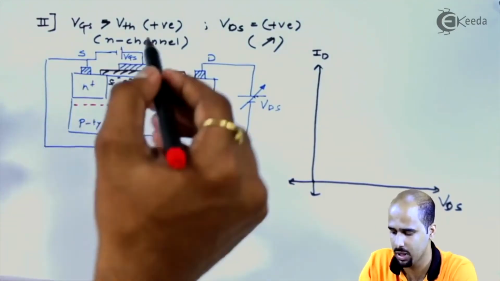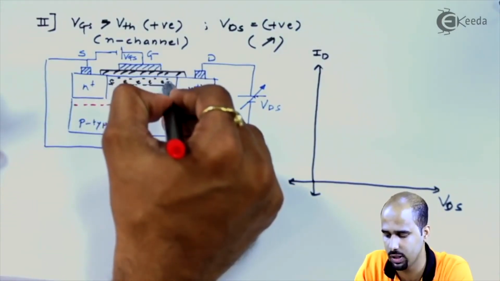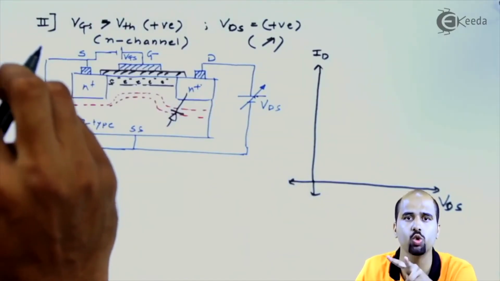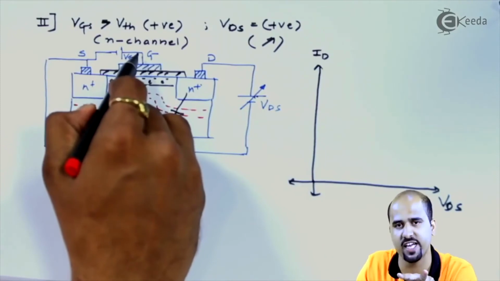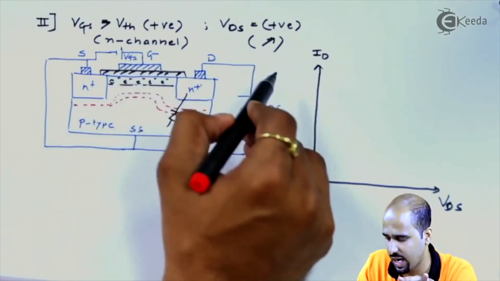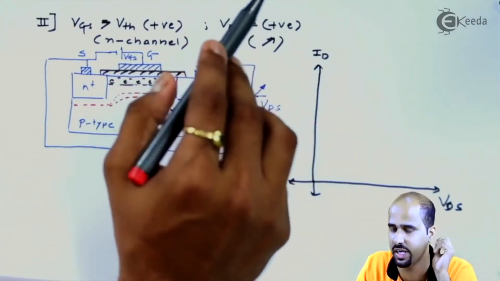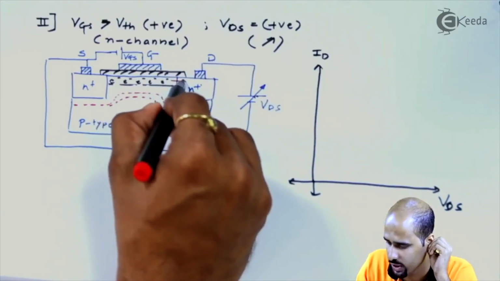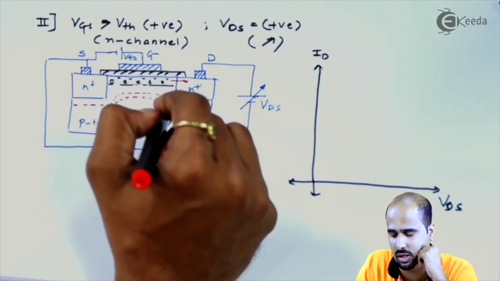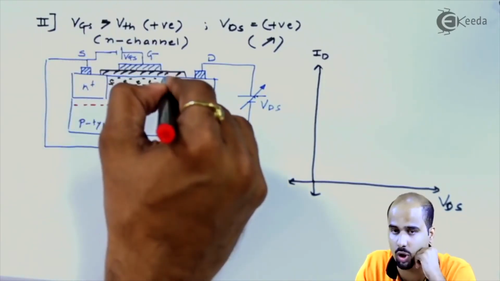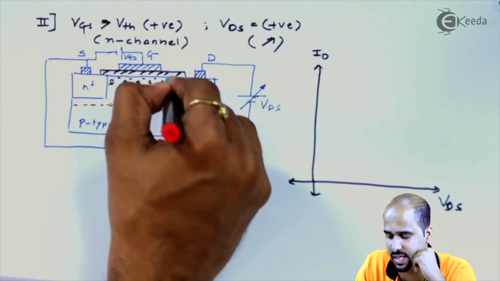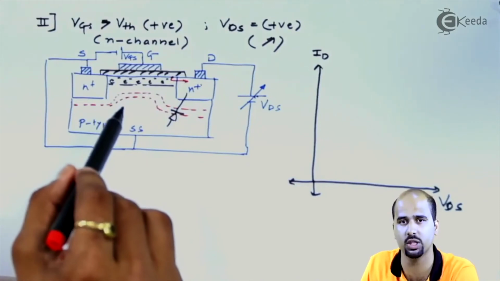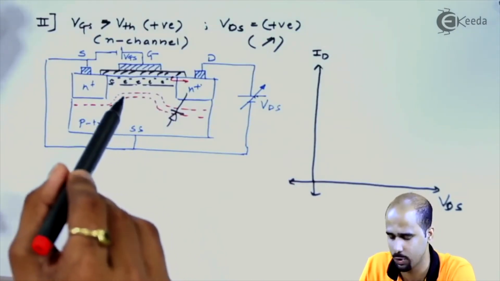At the same time, these electrons will be attracted towards two points: the positive side of VGS and the positive side of the drain terminal. So electrons will migrate towards the drain side, as well as try to move towards the gate side, but the oxide layer restricts the motion of the electrons towards the gate side.